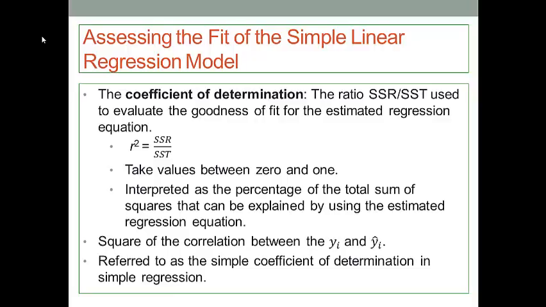The values of R-square always range from 0 to 1. The higher, the better. The higher the R-square is, the more we can use the estimated equation to explain how the X factor influences the Y factor, how the independent factor influences the dependent factor.